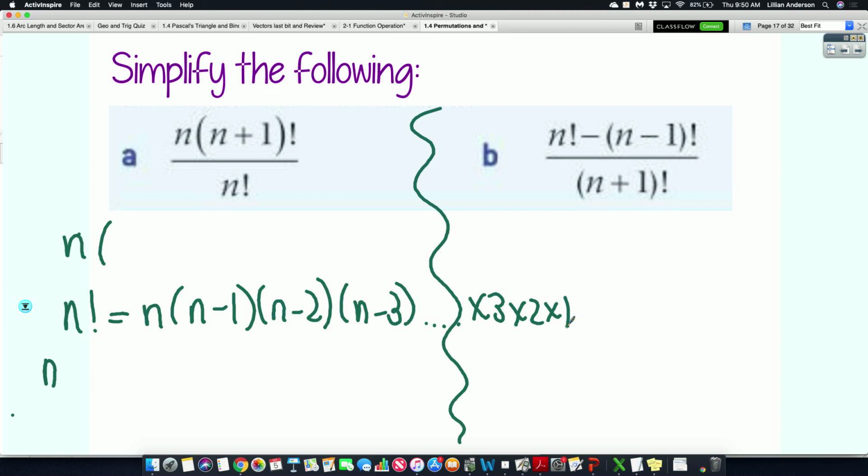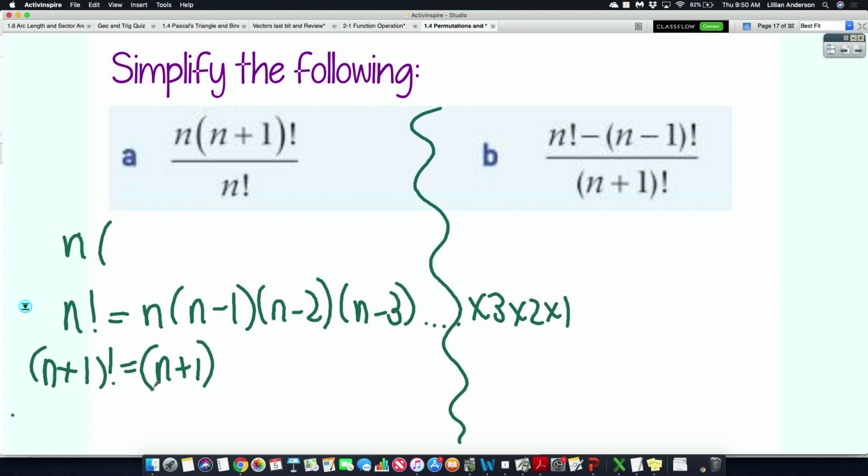Now, I'm going to say this again because I don't think everyone fully understood me. If n was 6, n plus 1 would be what? It's just one more up from n. So n plus 1 factorial would start at its highest number, and then it would continue to go down by subtracting 1 each time.